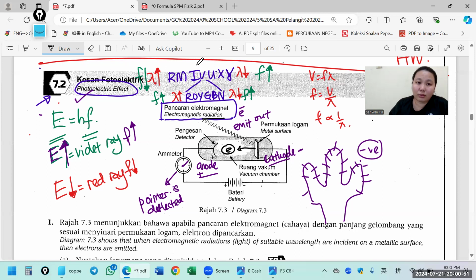So now you must be able to explain what is photoelectric effect.